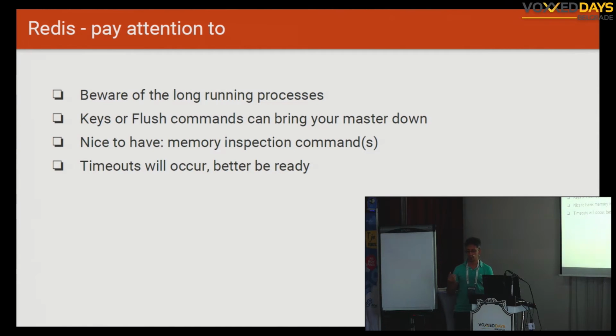Even if you have this sentinel process that pings the master from time to time, it's on the same thread that is serving all the other clients. So if your server is doing a keys, it will not be able to answer, and of course the sentinel will find out that the slaves are alive, and it will do a quorum, and you'll have a new master. But still, you'll have your master working, just doing some heavy stuff.